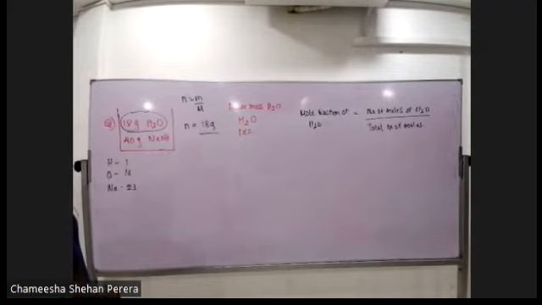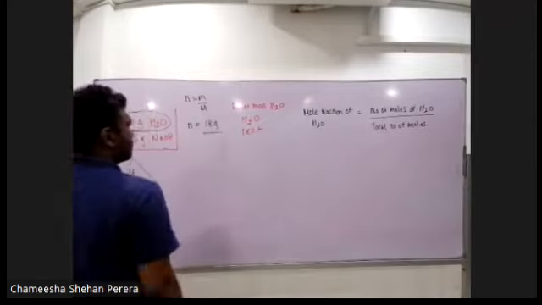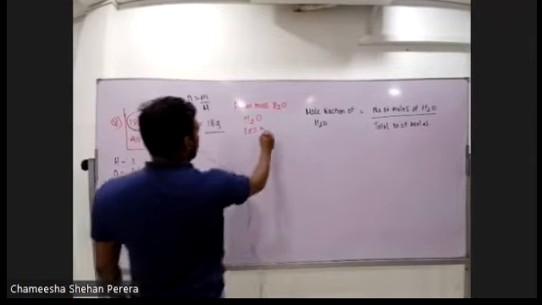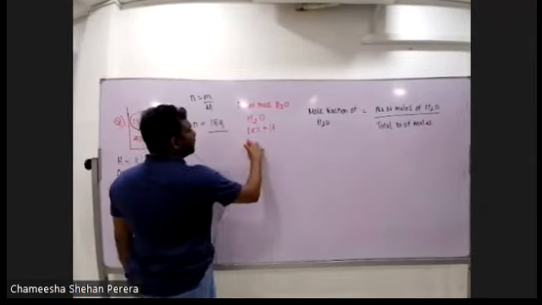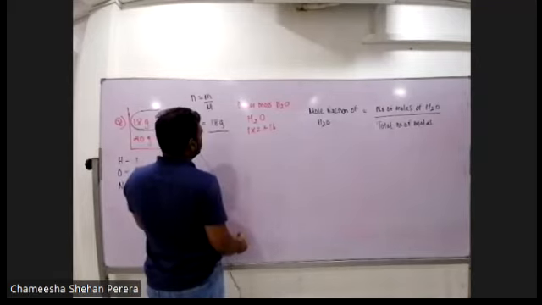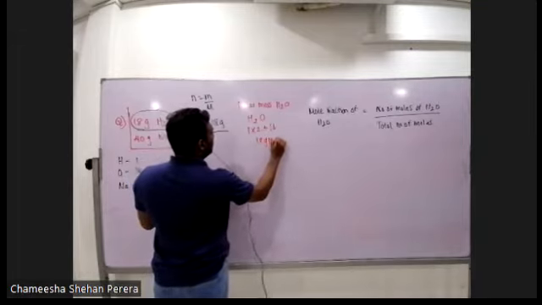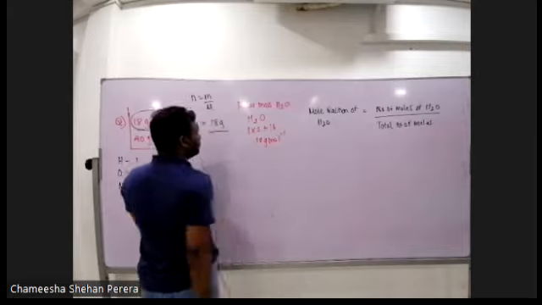Yes, sir. What is the relative atomic mass of oxygen? 16. So altogether, what would be the molar mass of water? 18. We have to indicate it with the unit g mol^-1.